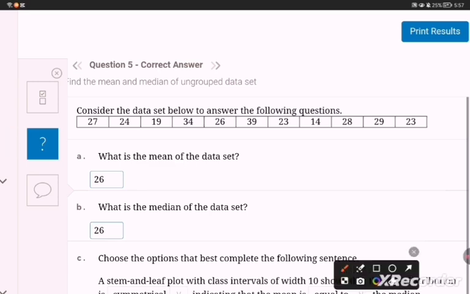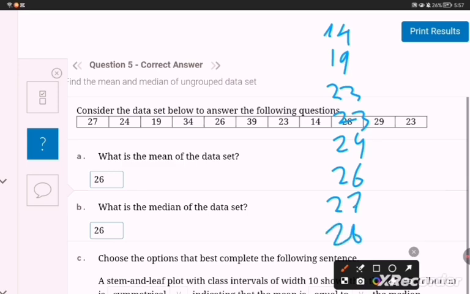Now your median, once again, you have to arrange the values. When you arrange these values, you're going to get 14, 19, 23, 23, 24, 26, 27, 28, 29, 34, and 39.